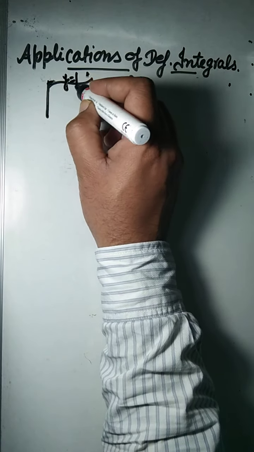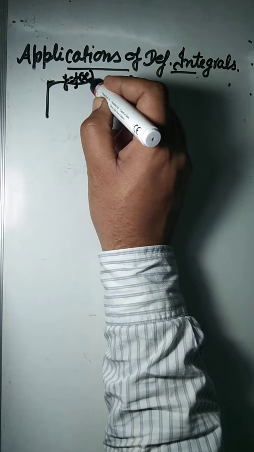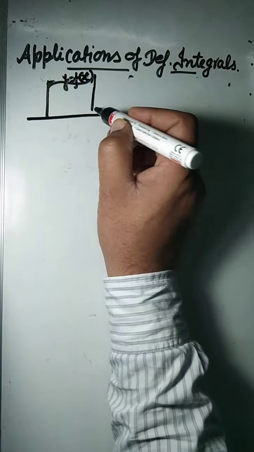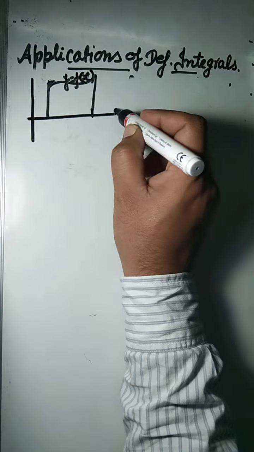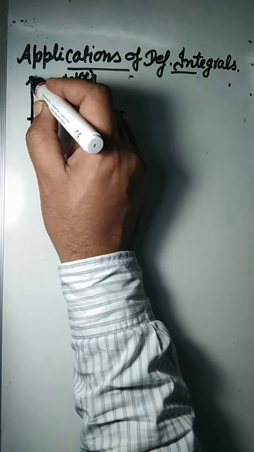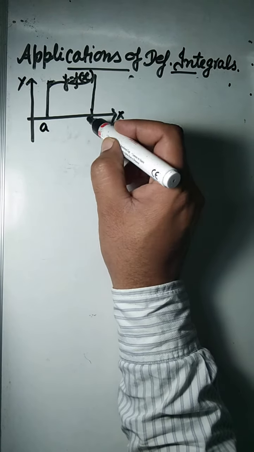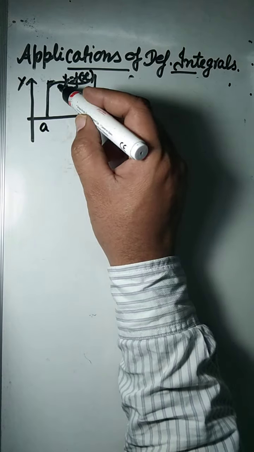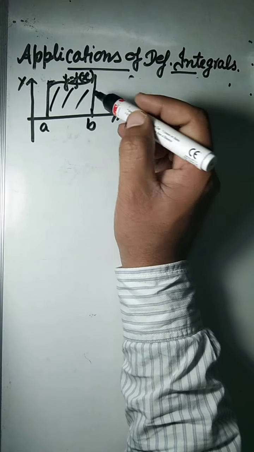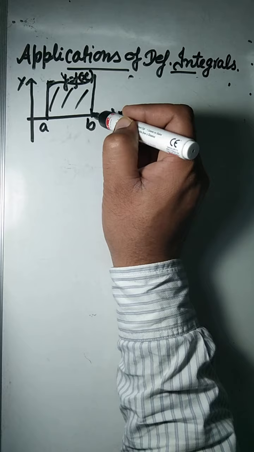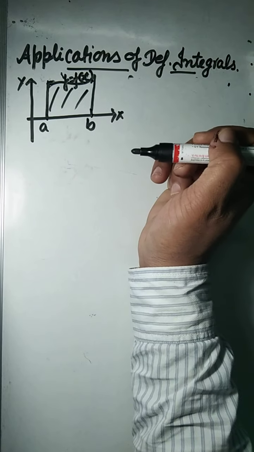This is y equals f(x), this is the point a, and the end point is b. This curve y equals f(x) is bounded in this way.